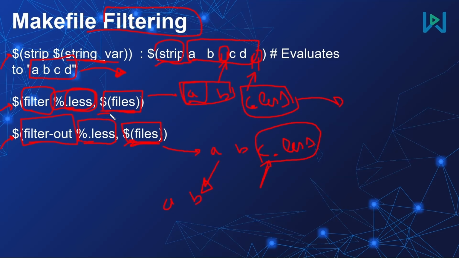So it will be the other way around from the previous use case. Here we end up with the pattern that ends with this suffix .less, and here we end up with a list without the file that has this pattern or suffix .less.